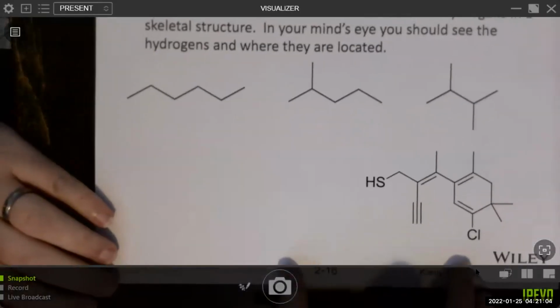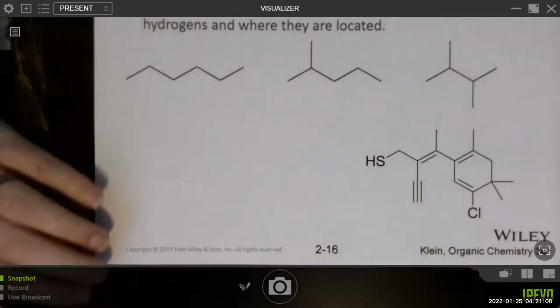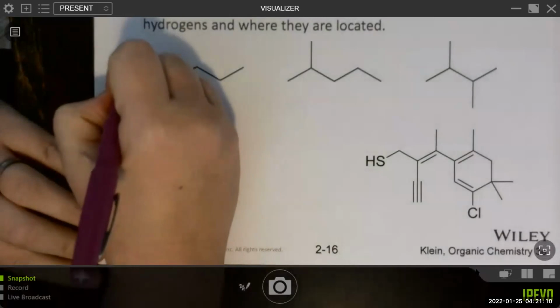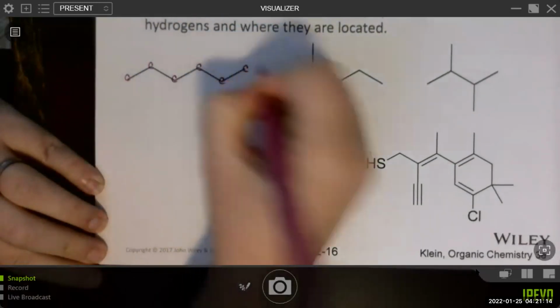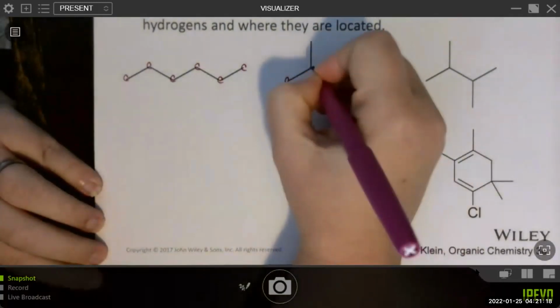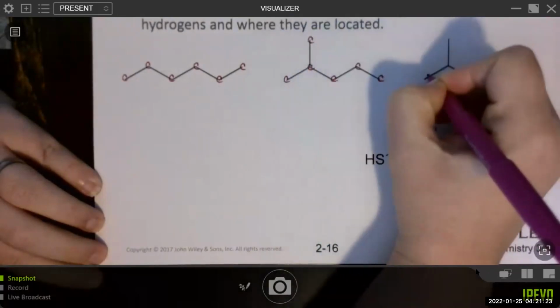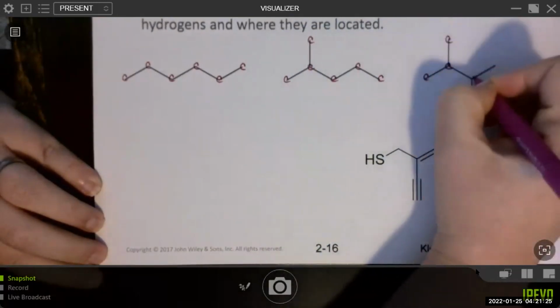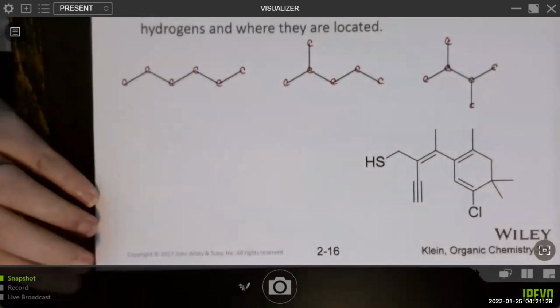Okay, hopefully you have worked on this the best of your ability. Now, the first thing we can do is go ahead and draw in carbon atoms. So remember, they're at the endpoints and the intersections indicated with the bonds or lines that you see. So I'm just going to draw in all the carbons on these 3 hydrocarbons up top.